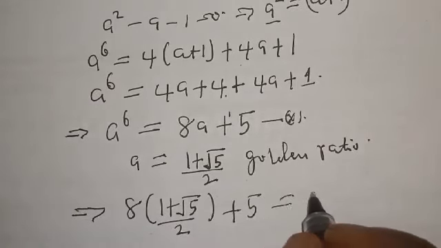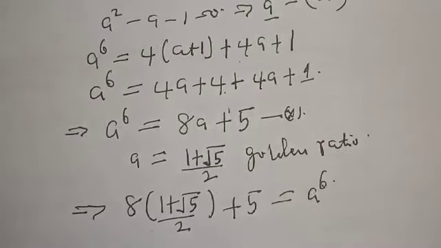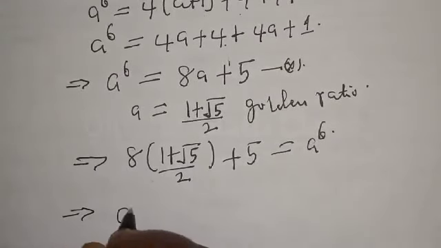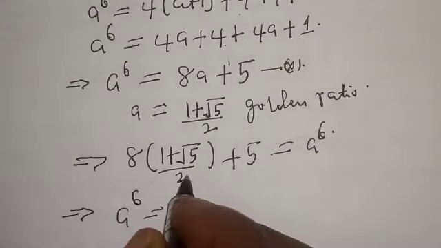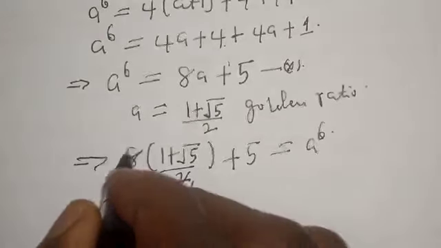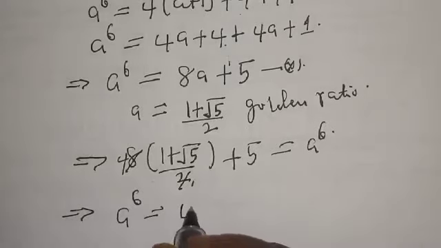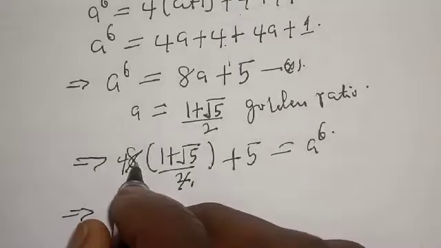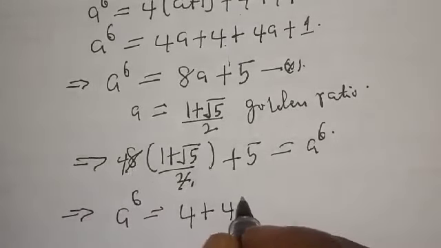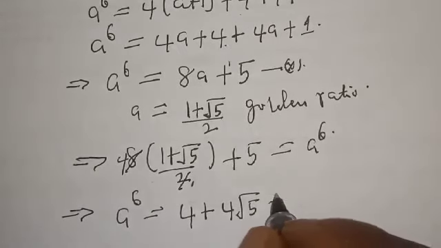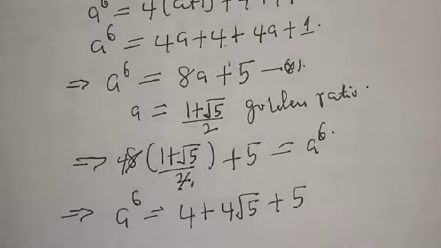Then it's equal to our a raised to power 6. This implies that a raised to power 6 is equal to, this 2 here, we cancel 2, here is 4. Then 4 times 1, we have 4 plus 4 times root 5, 4 root 5 plus 5.